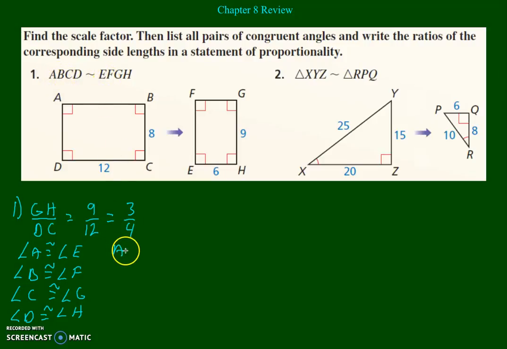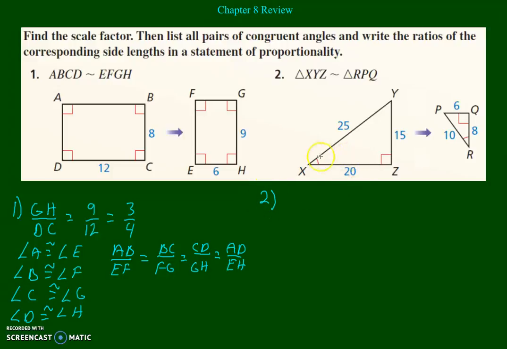So AB is to EF as BC is to FG as CD is to GH as AD is to EH. And now let's do problem 2.